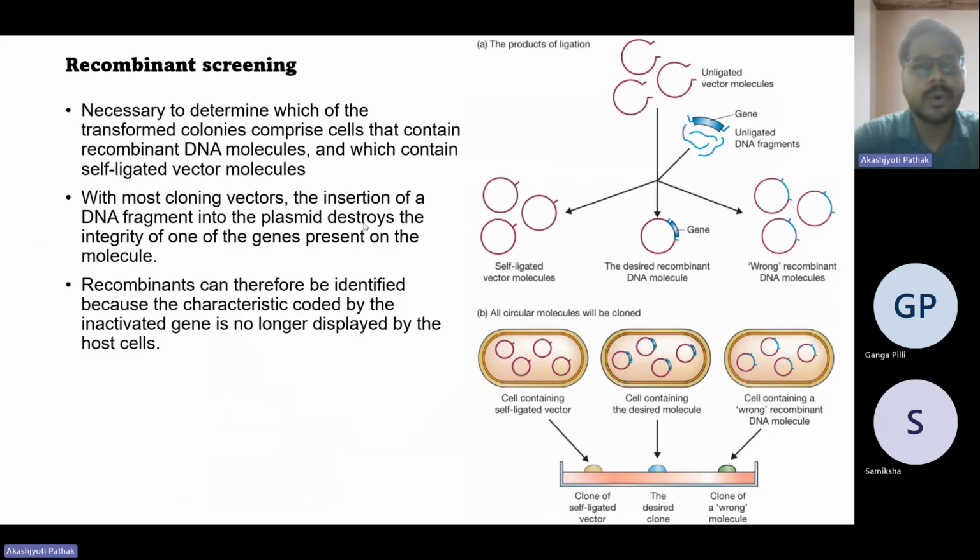Okay, so now what is recombinant screening? When you are doing any cloning, sometimes what happens?